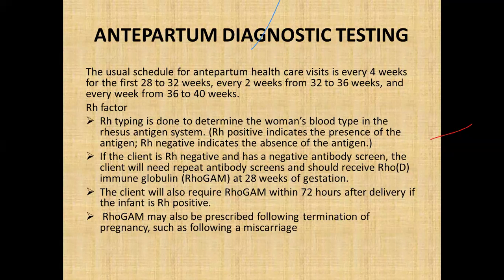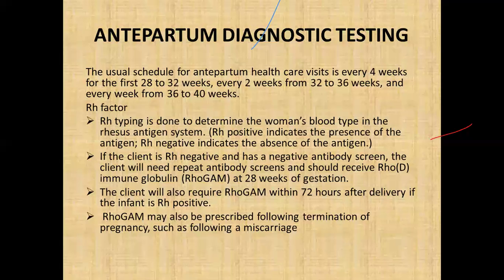If the test confirms again that the mother's status is negative at 28 weeks, we give what you call an anti-D, or that is ROGAM. We give ROGAM to the mother to make the mother's body not produce the antibodies. I hope you are getting me.